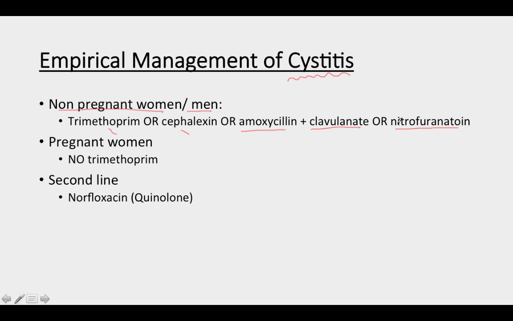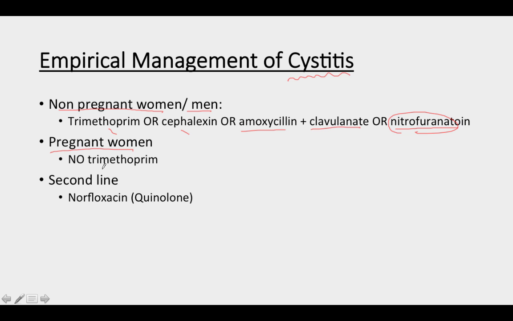Now, nitrofurantoin, I didn't mention in the past 2 lectures, because it's this weird antibiotic that doesn't really fit into any groups, but it's shown to have good activity against all the organisms that tend to cause urinary tract infections. It's the only place where this drug will ever come up. You'll never be asked about its mechanism of action because I'm not sure it's fully known. So don't worry about that too much, but just be aware it's one of the empirical managements for a cystitis.